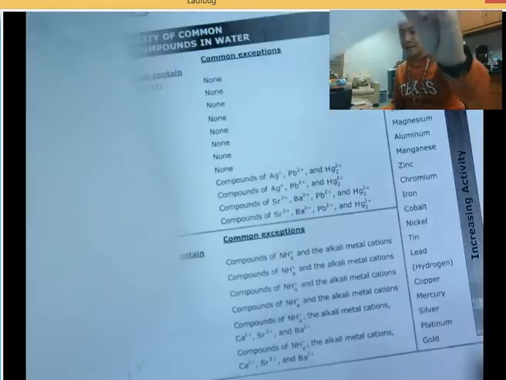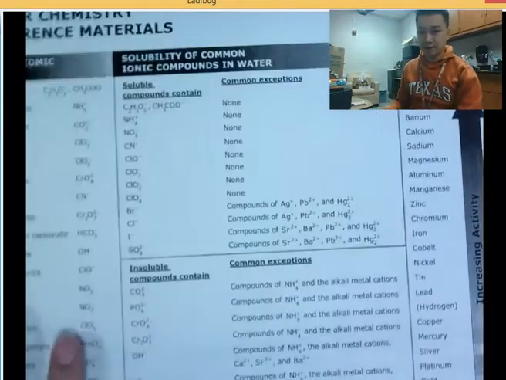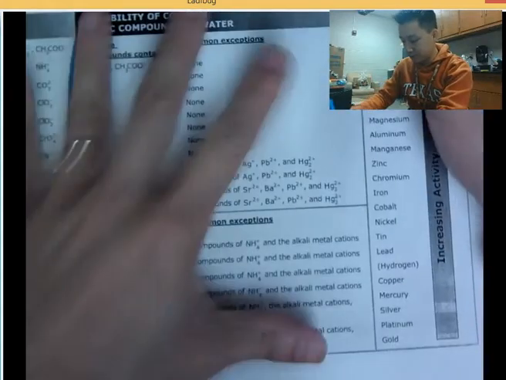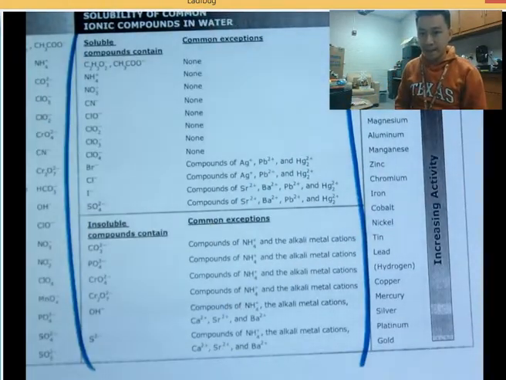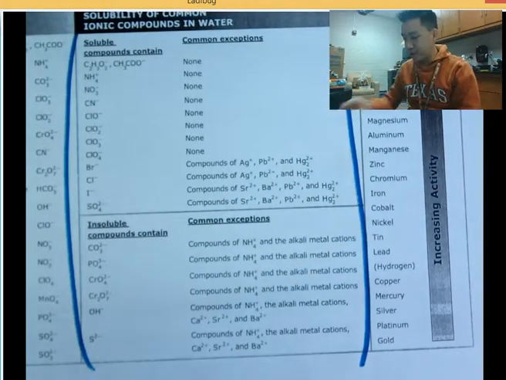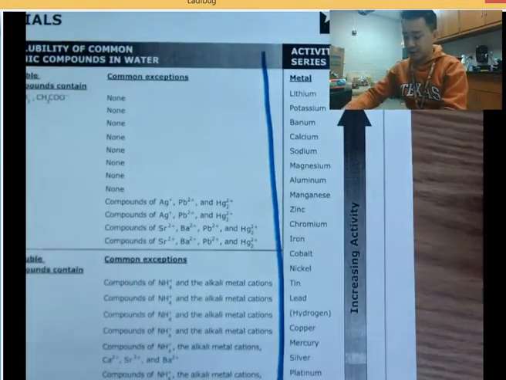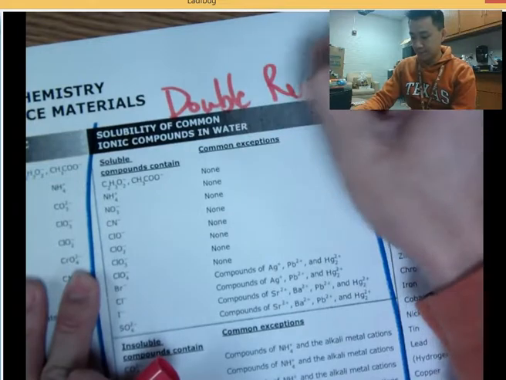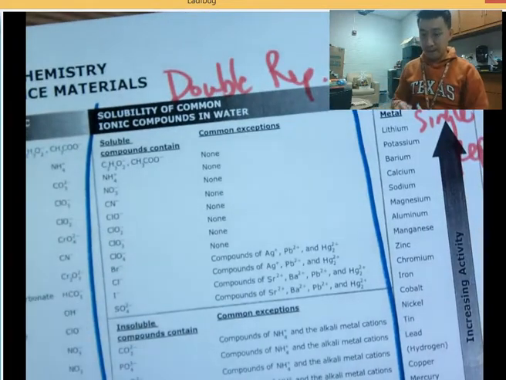We know that based on this chart here, the common solubility rules. We already know the activity series over here is used for single replacement reactions, and this middle chart is for double replacement reactions. So keep that in mind.